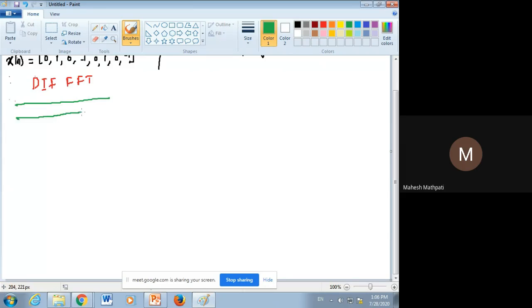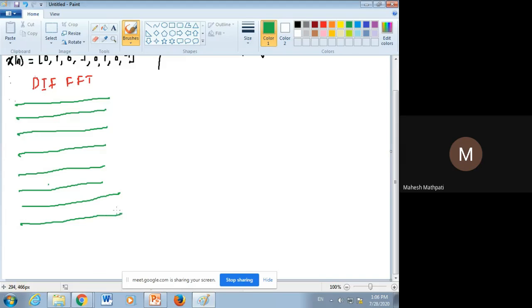First 1, 2, 3, 4, 5, 6, 7 and 8. So what will be the input for this structure? The input will be in natural sequence.